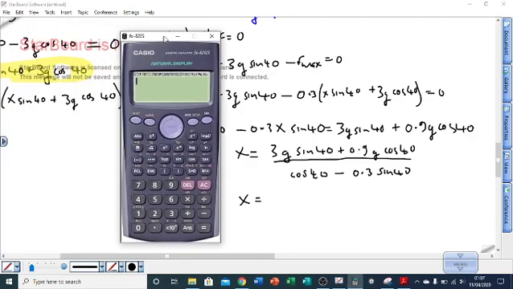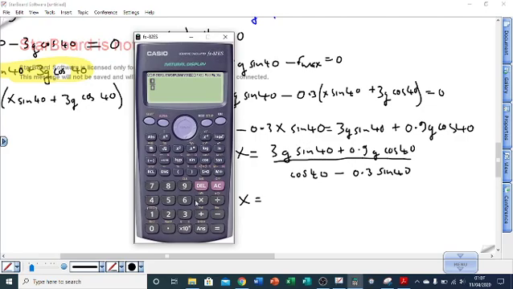and then using the fraction button, brackets on the top there, it is 3 times 9.8 times sin 40, close brackets, plus open brackets 0.9 times 9.8 times cos 40, close brackets, go down, divide by cos of 40, close brackets, minus brackets 0.3 times sin 40, close brackets, equals, and we get 44.8.